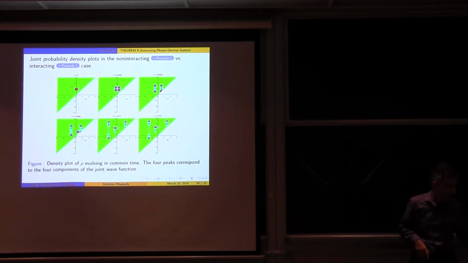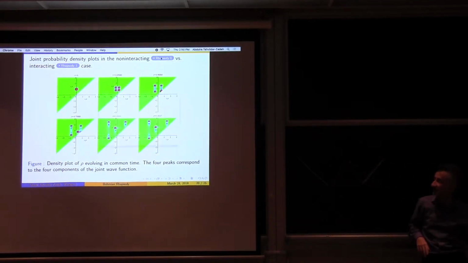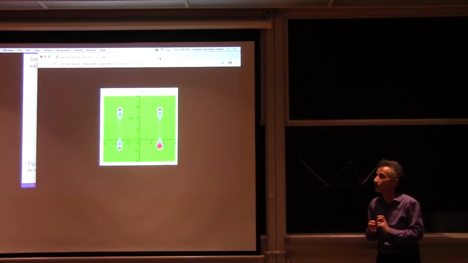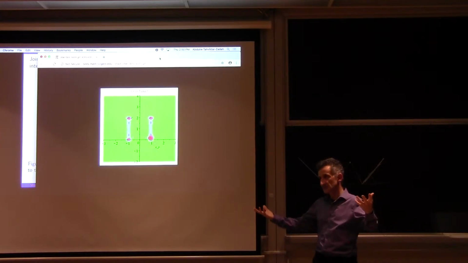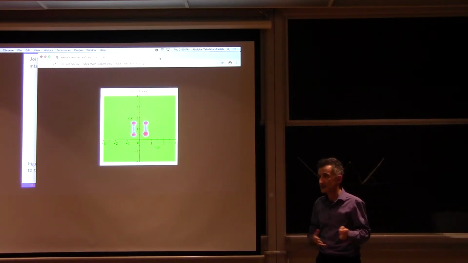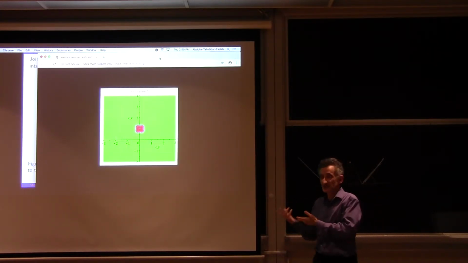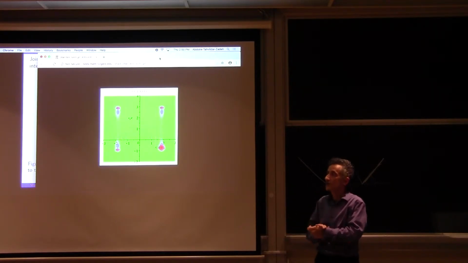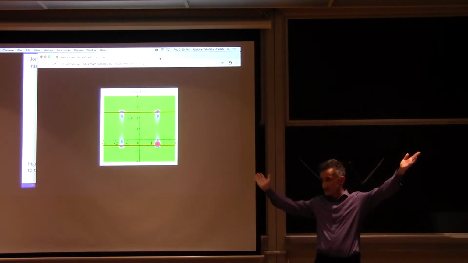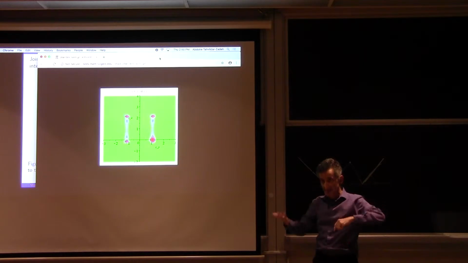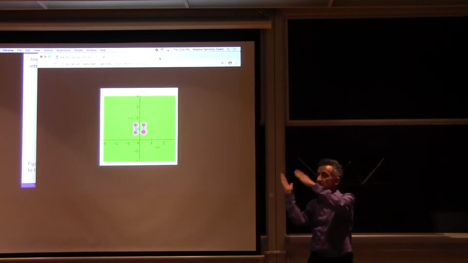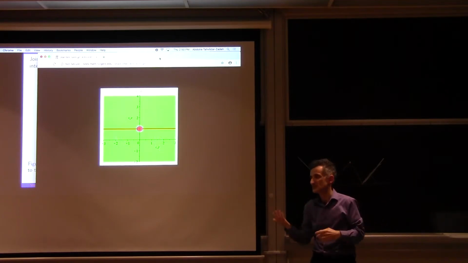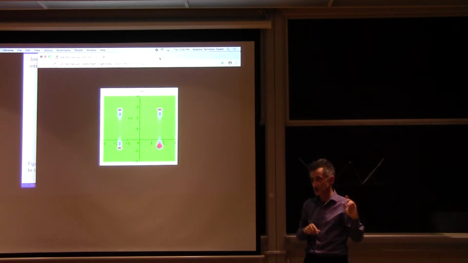First, I'm going to show you the non-interacting case. If you have just two particles that are not interacting, one of them a photon and the other an electron, the photon is going to go along characteristics. That's the wave equation of the photon. And the electron is going to spread also inside because it's a massive wave equation.